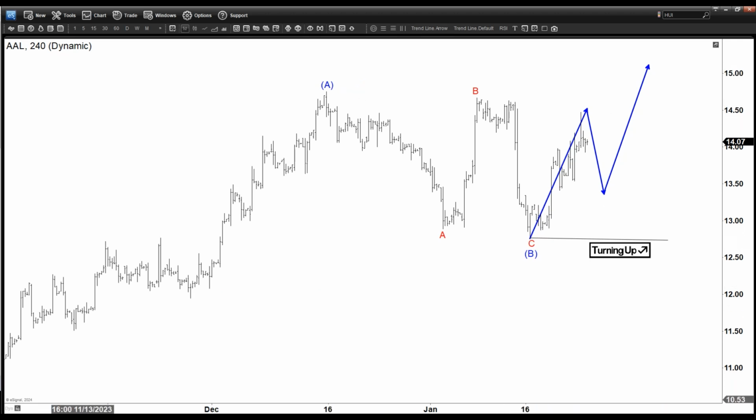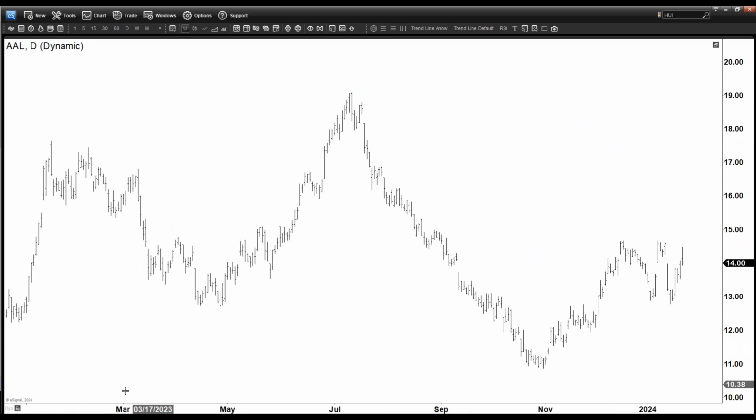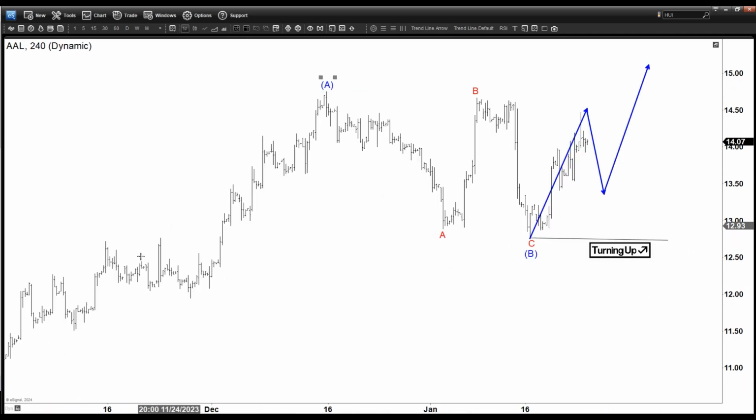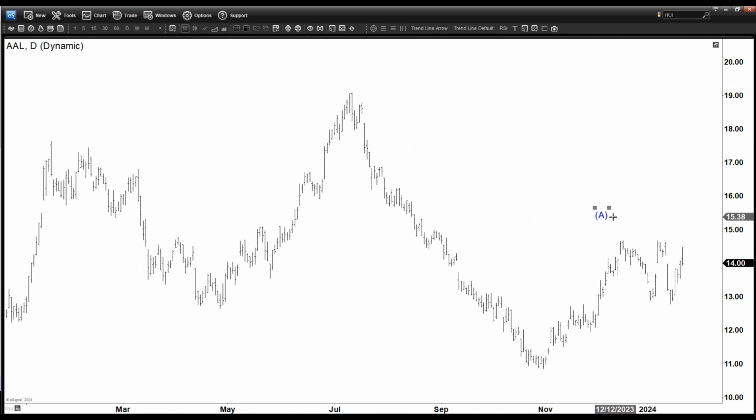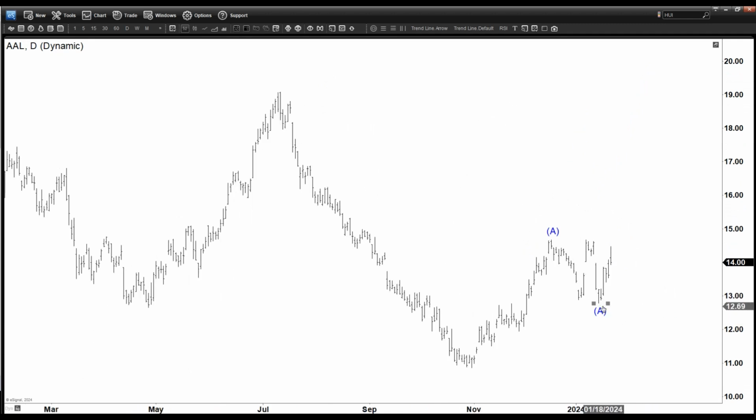And if I go to the daily time frame now, look at this. It does look as if we want to break higher, so I'm going to copy the A and the B. Once we break above the A, then basically you are already in the next leg higher, right? So this is your A01. We don't know whether this is A01, but this looks like an impulse here, right?